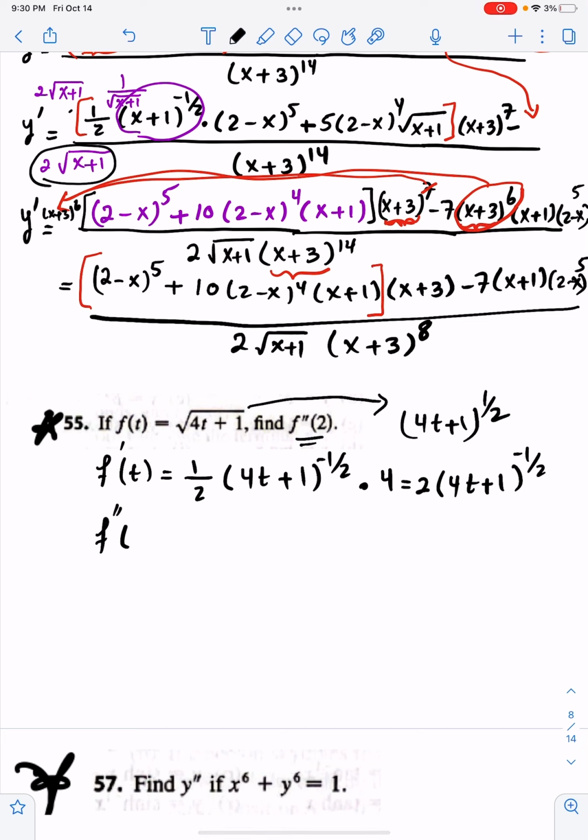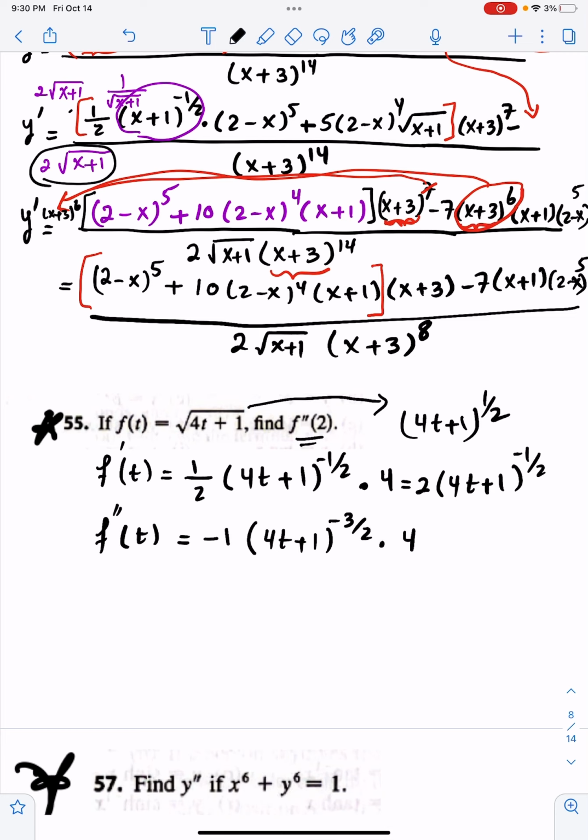Finding f double prime of t. So we bring negative 1/2 to the front of the parentheses, multiply that together, and subtract 1 from here. So the result is 2 times negative 1/2 is negative 1, (4t plus 1) to power negative 3/2 times derivative of inside.